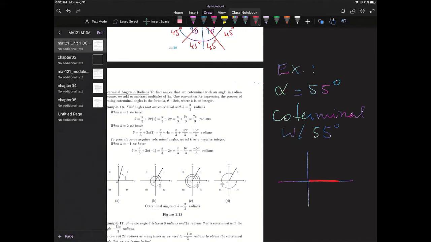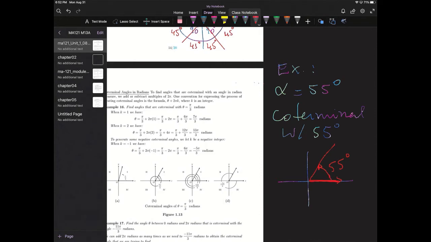Because 55 degrees is positive, it means I would rotate to the left, against the clock hand, up to 55 degrees somewhere right here. I'm not being precise, but it will be in the first quadrant. So this is my 55 degrees.